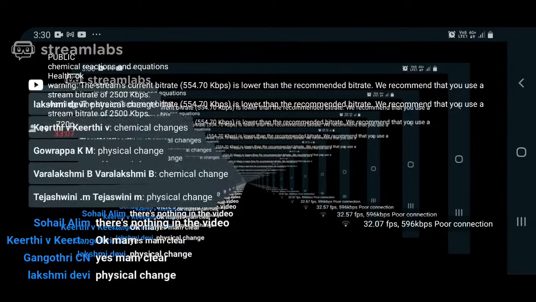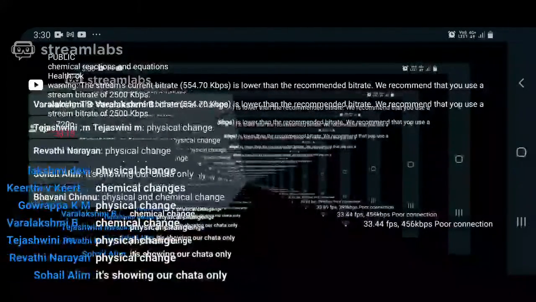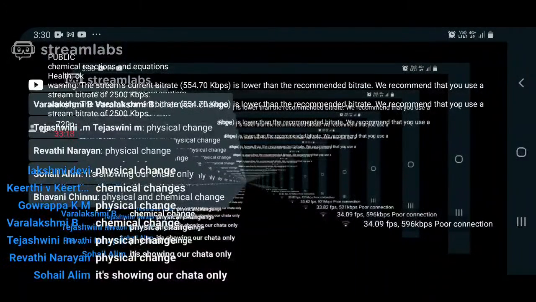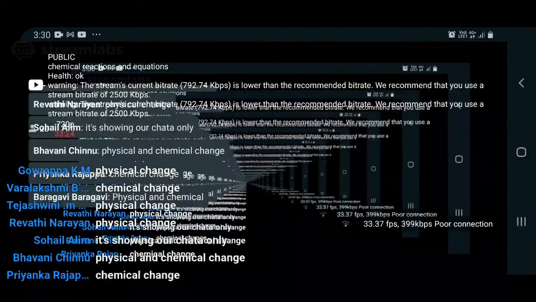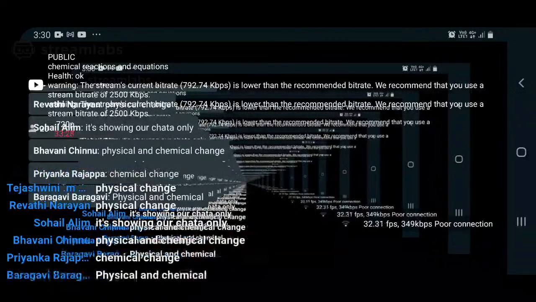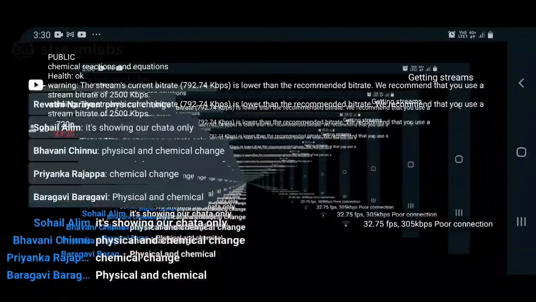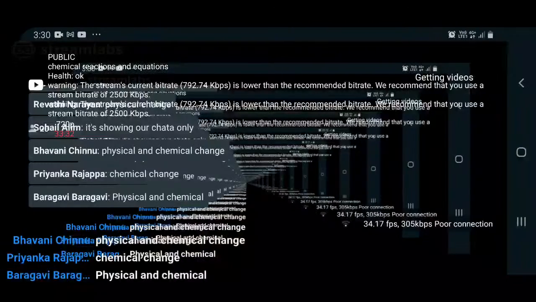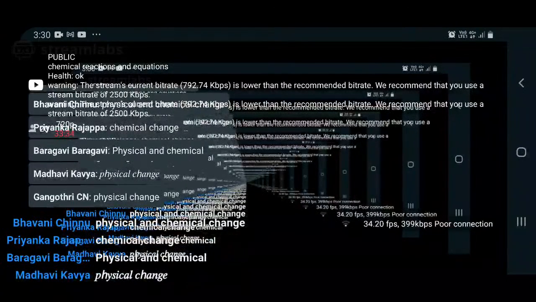No, Diksha, this is wrong. When you burn the paper, the paper changes into ash, and that cannot be reversed. Any change which cannot be reversed is called a chemical change.